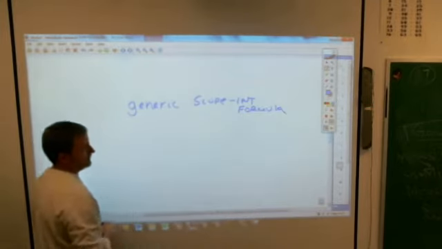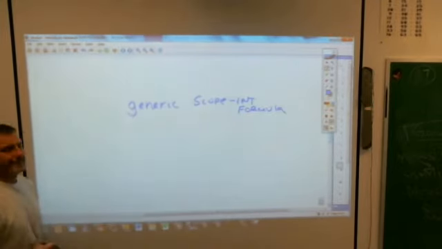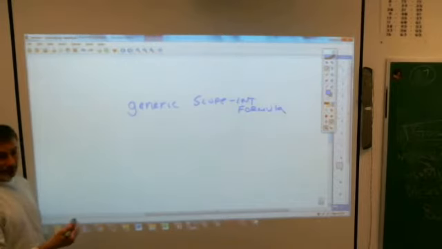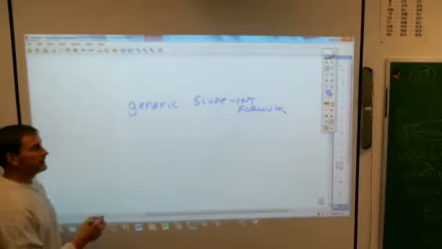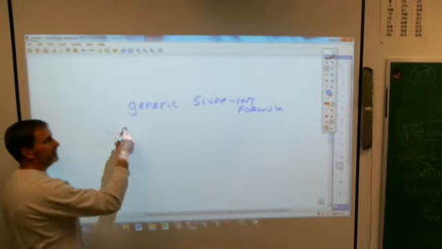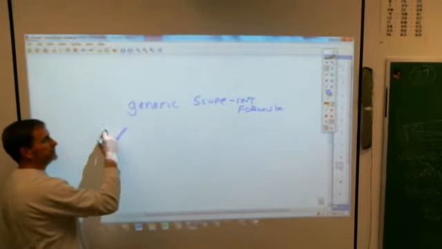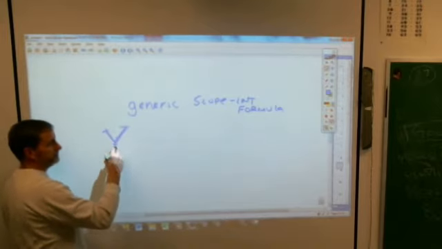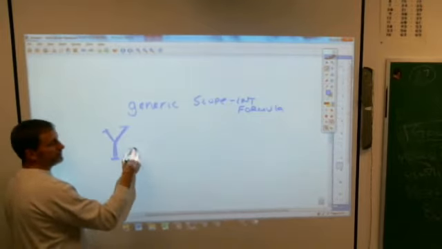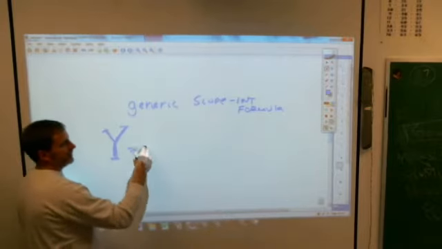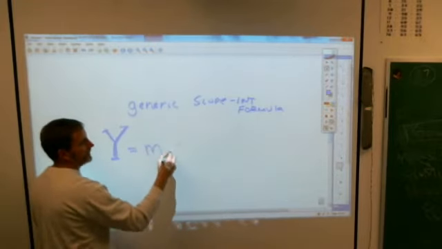In other words, because they want something that works every time, instead of putting numbers in where we had numbers, they put letters, and it always looks like this. y equals, instead of a number, the letter m, x.